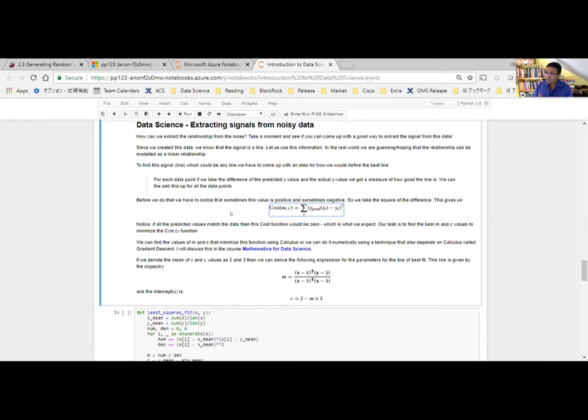Easy to do. But now I'd ask the question, is it enough just to subtract them and add them together? What's the problem with that approach? It's a little tricky question, but when you think about it afterwards, you'll say it's obvious.